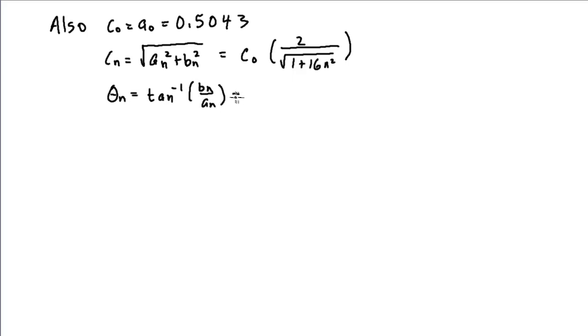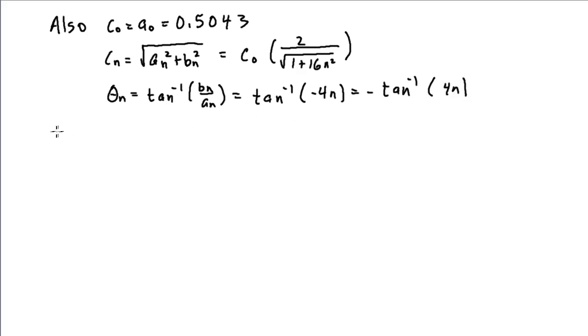You get some cancellations there of that common term in the denominator. So this just becomes the inverse tangent of minus 4n, or because of the odd symmetry of the inverse tangent function, this is minus inverse tangent of 4n.